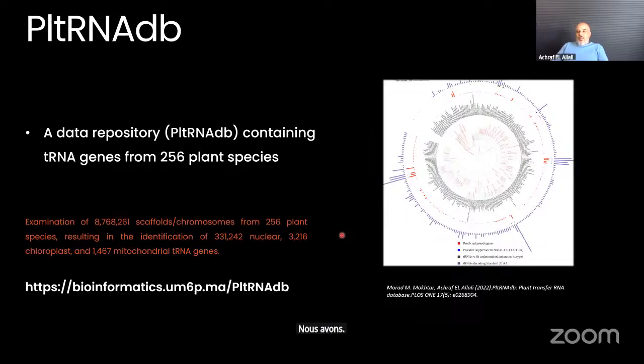You can actually blast against them if you have your own tRNA. You want to see if it exists in which plant. You can blast against our database, or you can download the tRNAs per species, per type of tRNA. So nobody has to compute this on their own. It's all available in one of our databases.